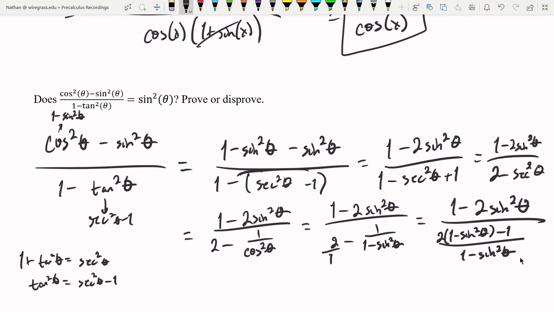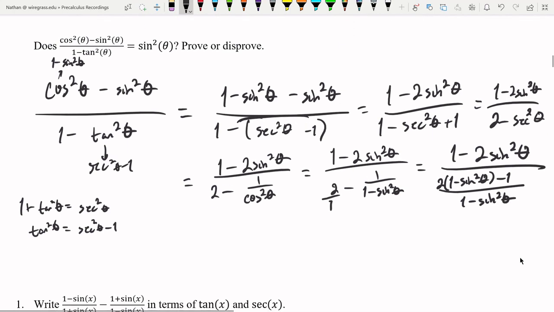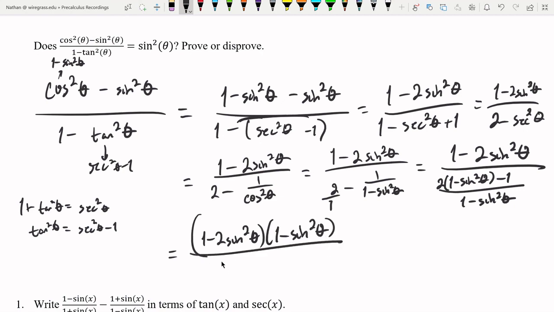Okay. I feel like we're getting close. I'm going to multiply by the reciprocal and just see what it takes me. So we have 1 minus 2 sine squared theta times 1 minus sine squared theta over 2 times, you can actually distribute that 2. It's going to interact with the negative 1 there. That's going to give me 1 minus 2 sine squared theta.